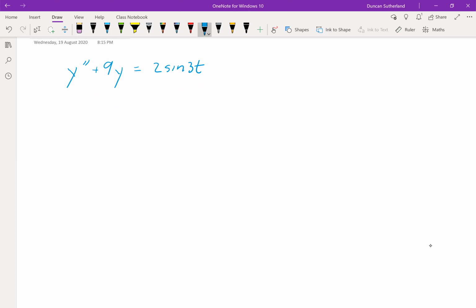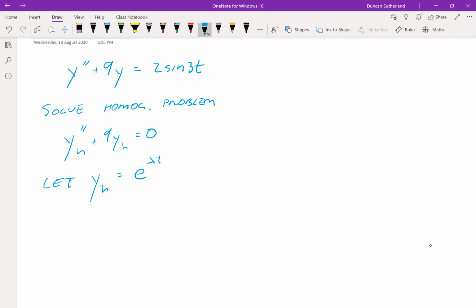We firstly solve the associated homogeneous problem. Okay, to do this, we let y_H equal e to the lambda t, and we're solving for the eigenvalues lambda.